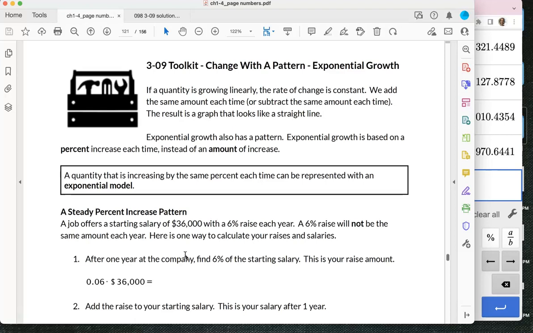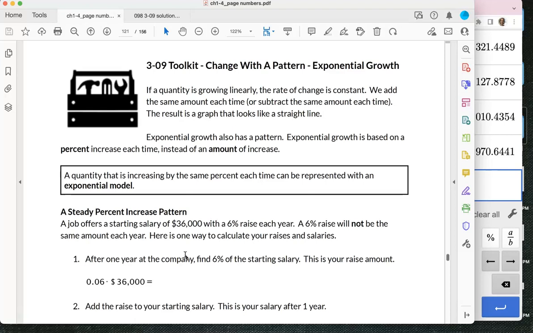So at the top of this page, it says, if a quantity is growing linearly, the rate of change is constant. We add the same amount each time, or it might be a decreasing linear situation, so subtracting the same amount each time, and that will give us a straight line graph.